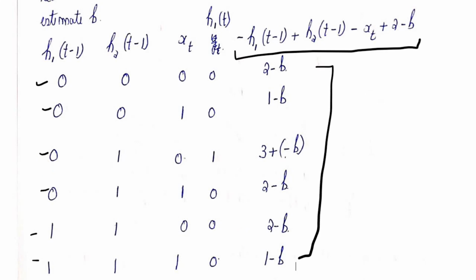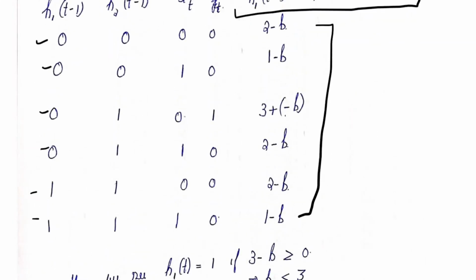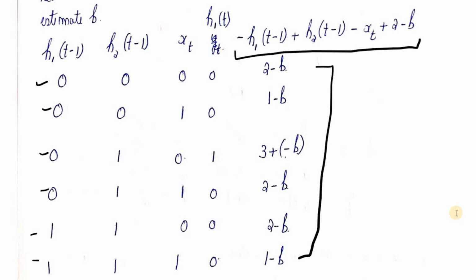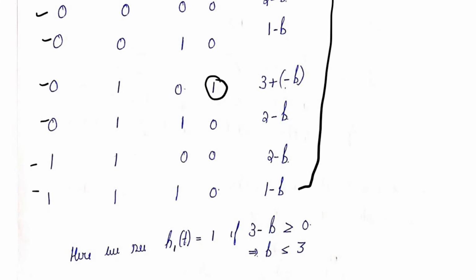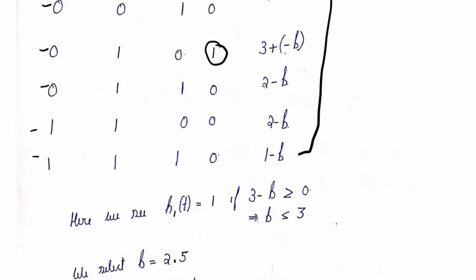And we observe that we are getting the value of 1 only when 3 minus v is greater than 0, right? The entire term 3 minus v is greater than 0 is happening only when this h1t was 1 over here. So on doing so, we get a relationship that b should be less than or equal to 3. We select b as 2.5 only.